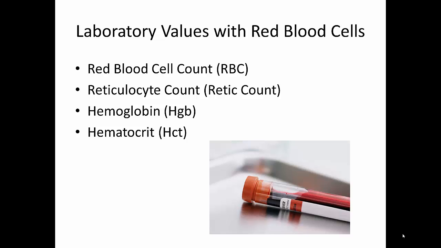So if we have adequate number of cells, or maybe even an increased number of red blood cells, but the hemoglobin is low, then that can be an indicator of the type of anemia that the patient is suffering from. So normal values for hemoglobin for men is 14 to 16.5, and normal values of hemoglobin for women is 12 to 15.